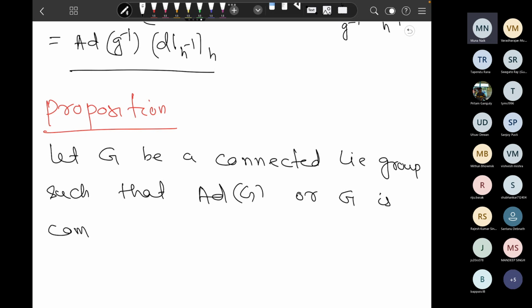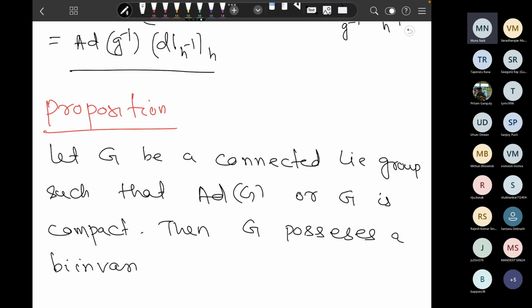Then G possesses a bi-invariant Riemannian metric on it.